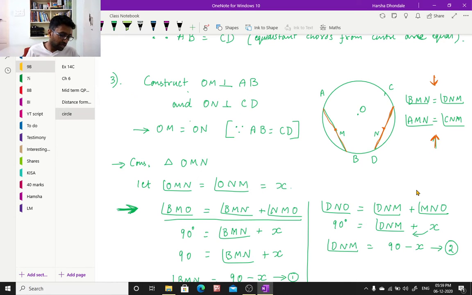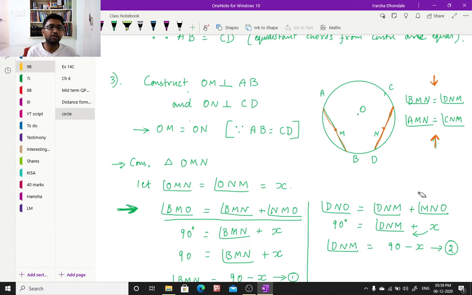Now based on this diagram, the question says that AB and CD are two chords of equal length, and point M, which is on AB, is the midpoint of AB, and N is the midpoint of CD.